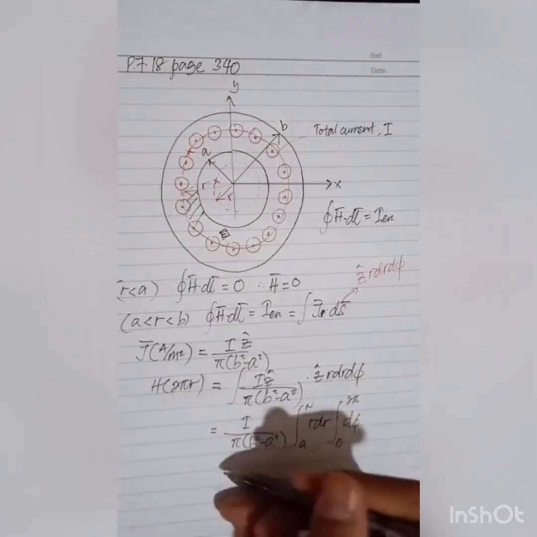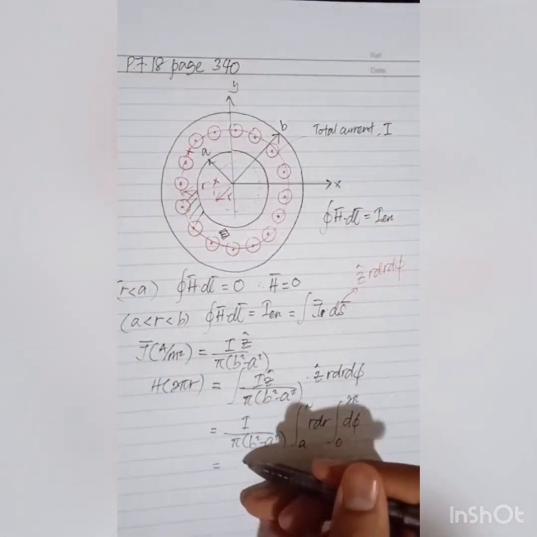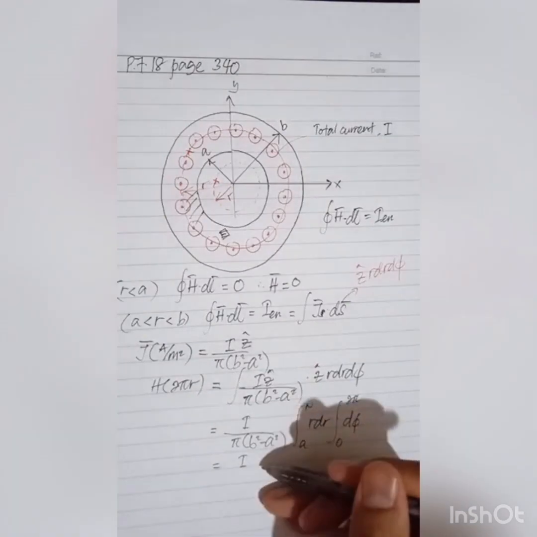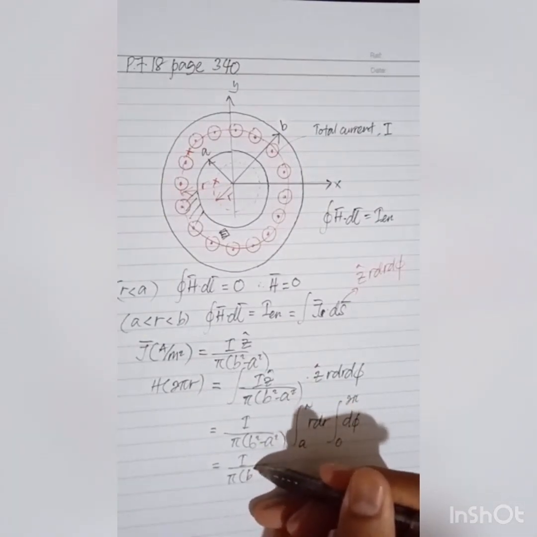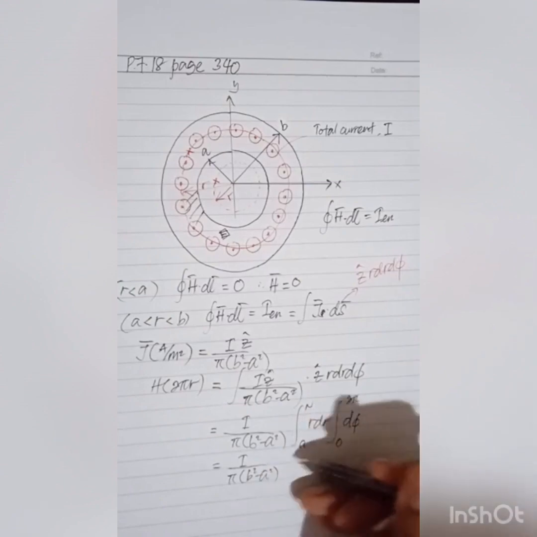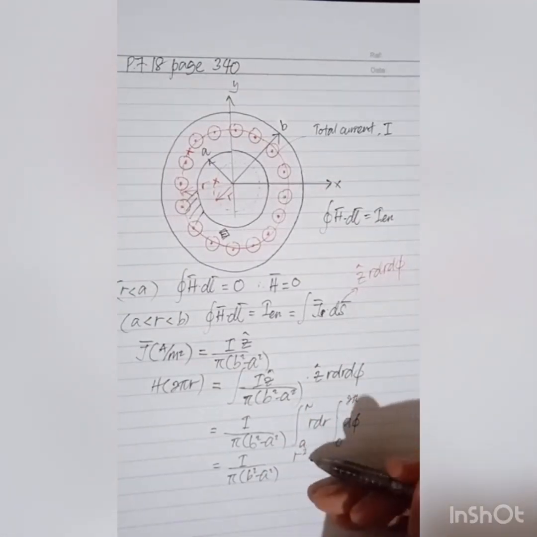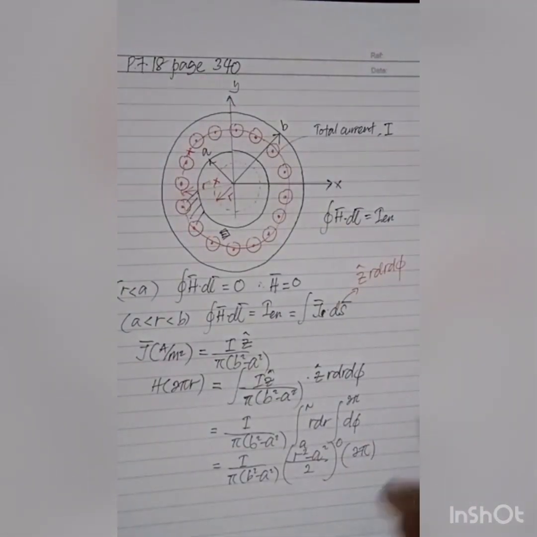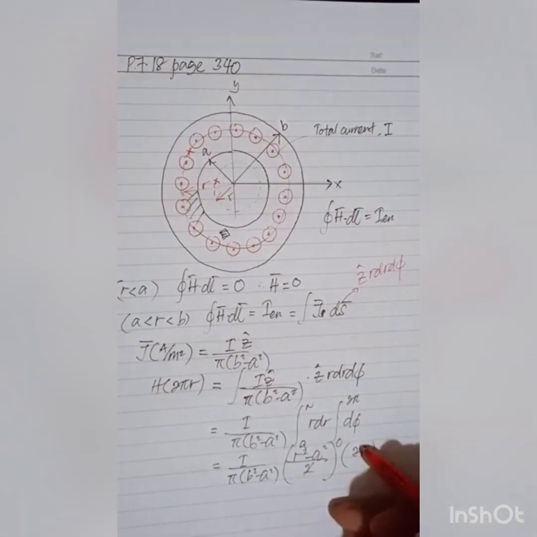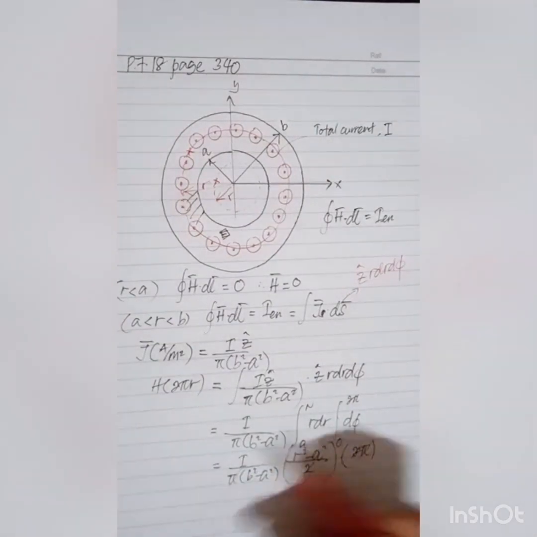If you solve, you'll see I'm going to have here I over pi b squared minus a squared. For this case, we have r squared minus a squared over 2. Then this part has 2 pi. So let's simplify the equation: 2 with 2, pi with pi.